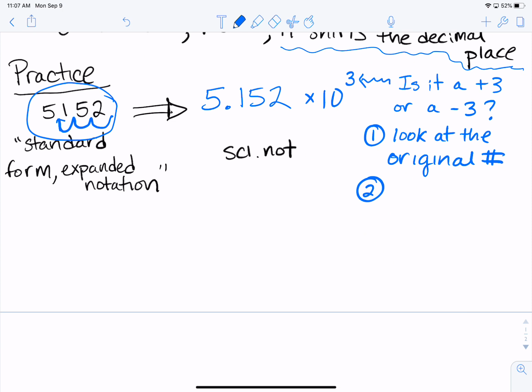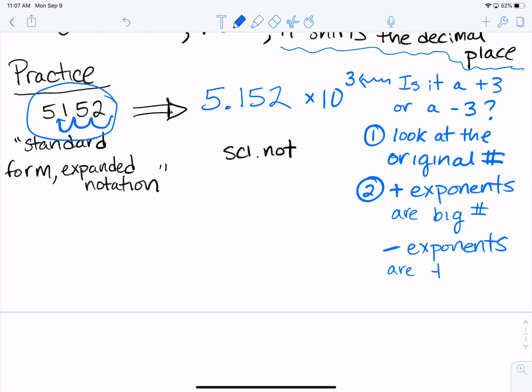Is 5,152 big or itty bitty? Big, yeah. So positive exponents are big numbers. Negative exponents are tiny numbers.